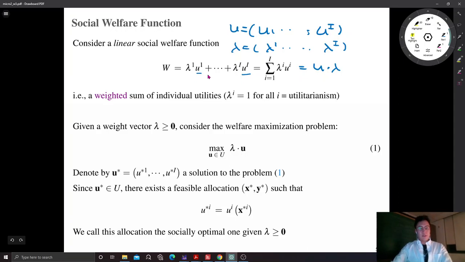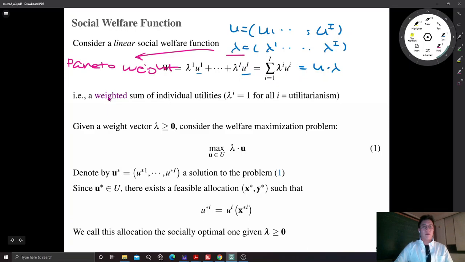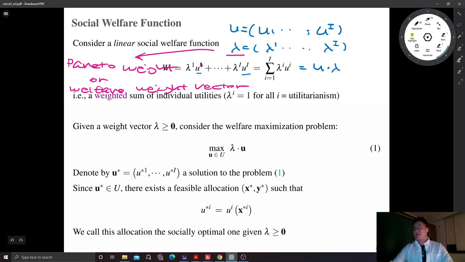All right. So with this social welfare function, this lambda is called a welfare weight or Pareto weight. So this weight vector lambda is called a Pareto weight vector or welfare weight vector. If lambda super 1 is a large number, it means from the social welfare point of view, consumer 1's welfare is quite important, right?